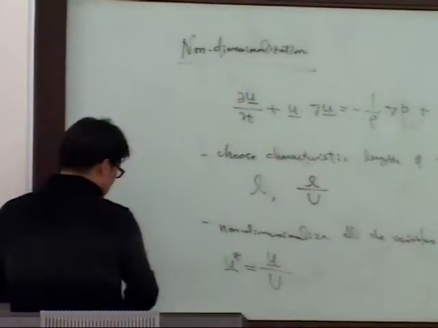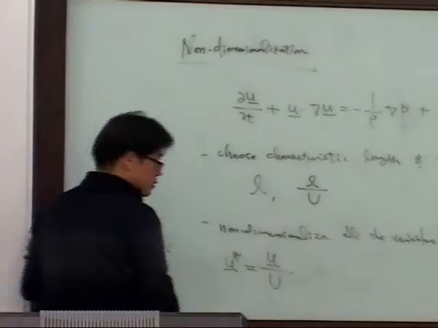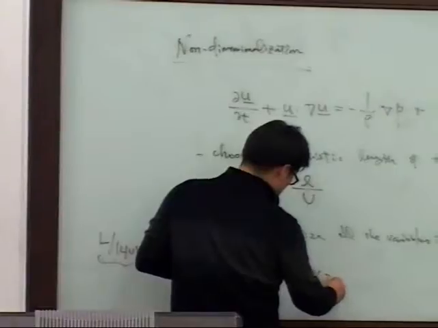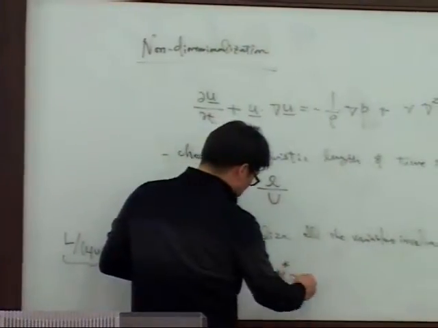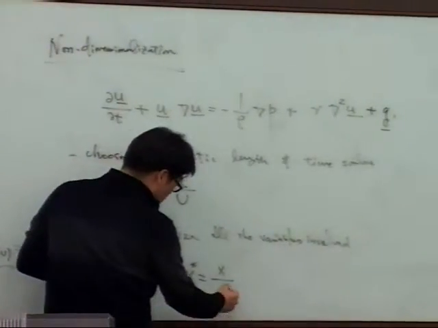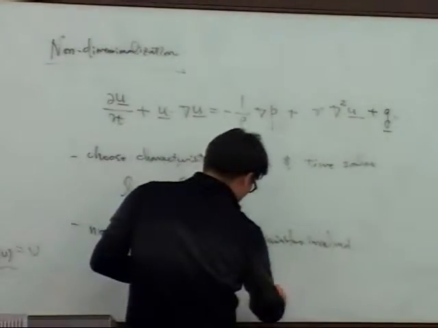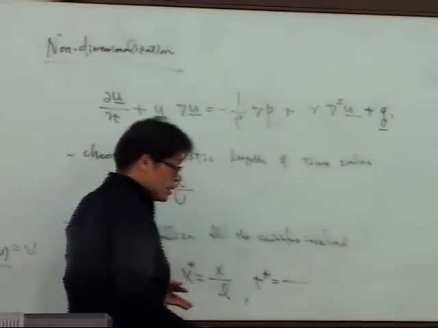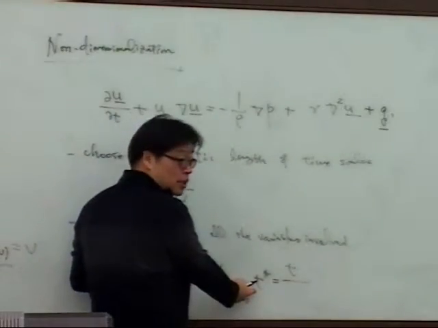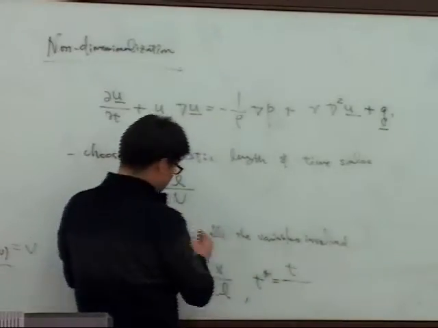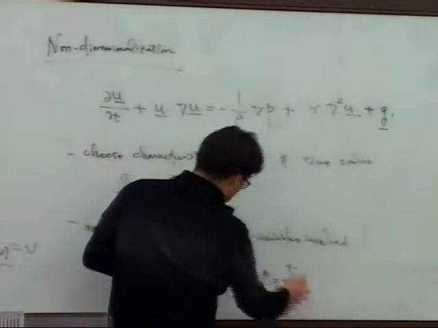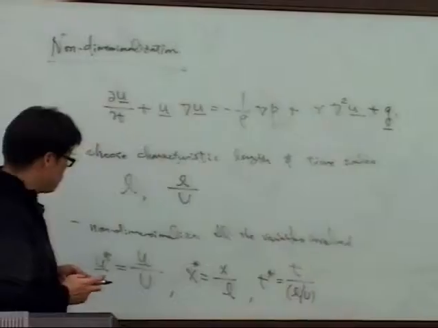So this is the characteristic speed, which is nothing but U. And then x has to be non-dimensionalized with respect to the characteristic length, which is L. Time can be non-dimensionalized too: we divide by something so that this will be dimensionless. To do that, I divide by the characteristic time, which is L divided by U.